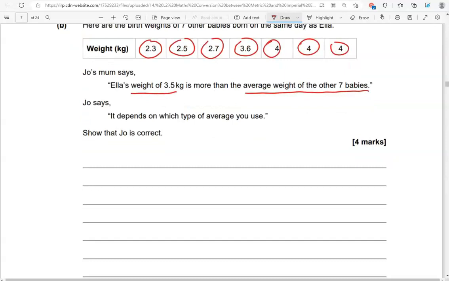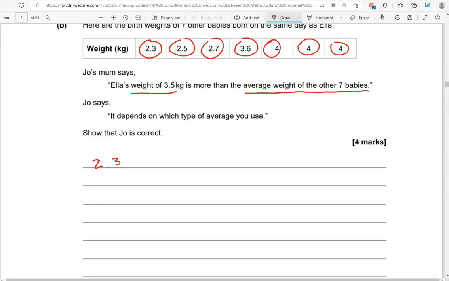So average, it can be the mean that you use, it could be the median. These are the 2 typical ones used for averages. So we're going to use both. So for the mean, we're going to need to add 2.3.